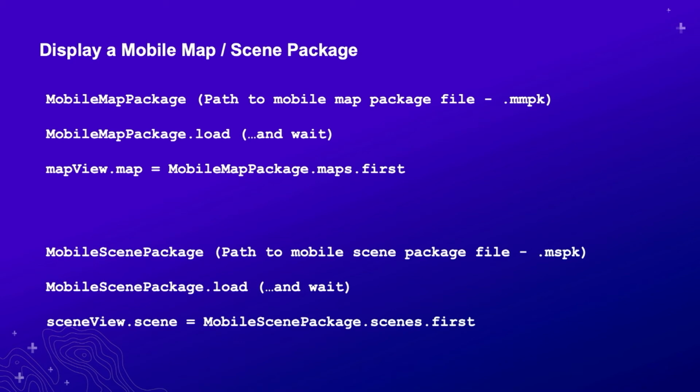Now you've got to wait because that's an asynchronous operation, but once it's loaded, you can then bind the map view's map to be maybe the first map in the package. The mobile scene package is exactly the same as a map package. You open up the package, you load it, you then bind it to the scene.